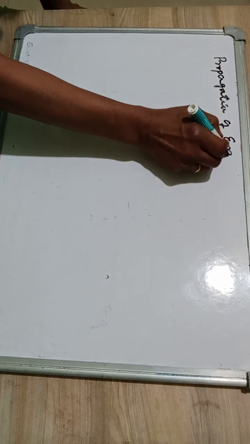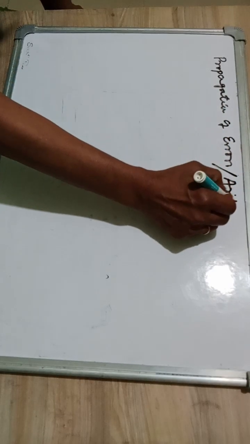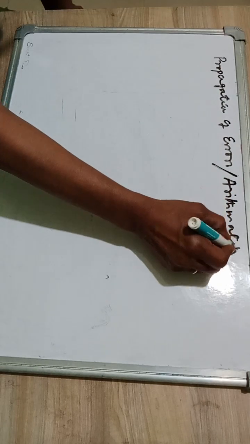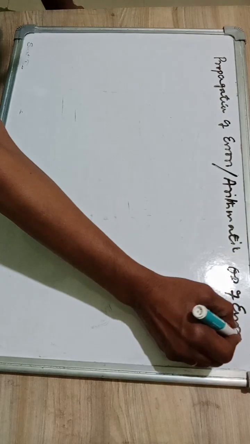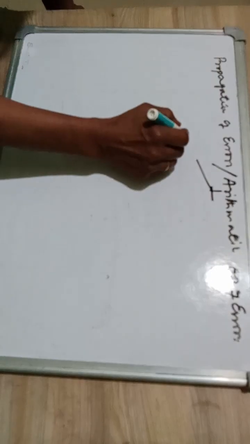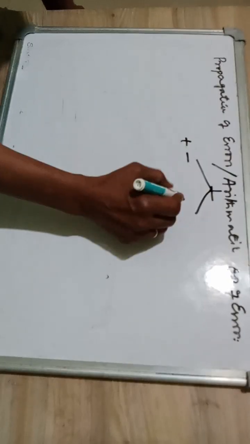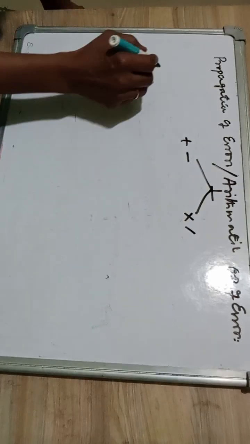In next class we will study propagation of errors or arithmetic operation of errors. Suppose this arithmetic operation may be addition, subtraction, multiplication or division.